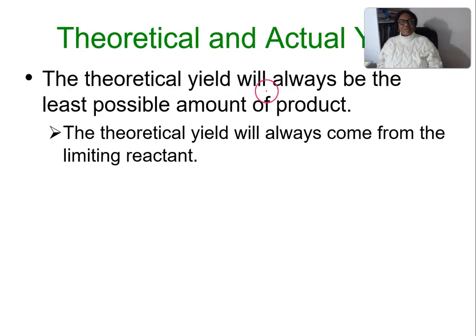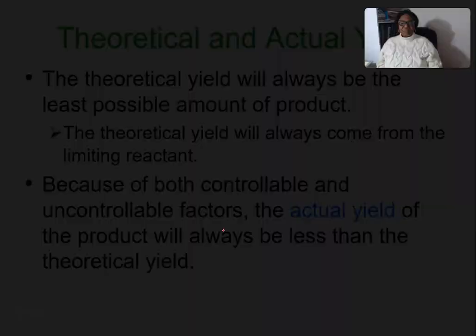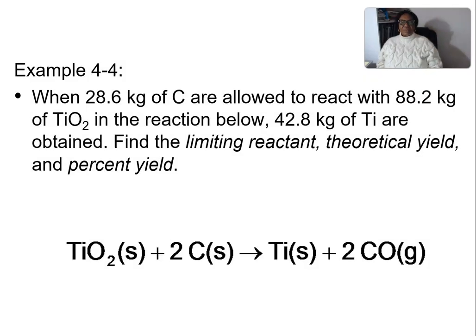The theoretical yield will always be the least possible amount of product, and it will always come from the limiting reagent. Because of both controllable and uncontrollable factors, the actual yield of the product will always be less than the theoretical yield.